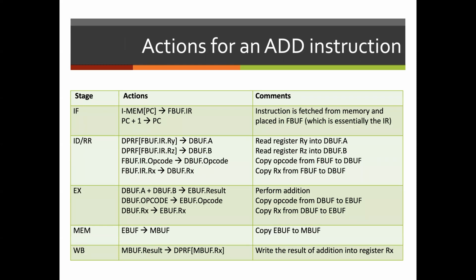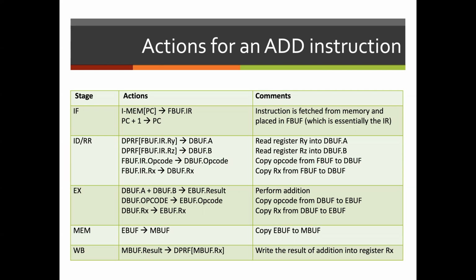For our IDRR stage, we need to read register RY into our DEBuff. We need to read register RZ into our DEBuff. We need to copy the opcode from FBuff to DEBuff. We need to copy RX from FBuff into DEBuff.